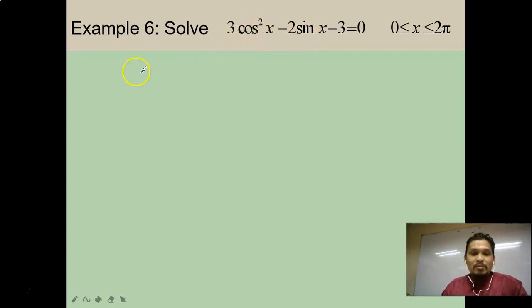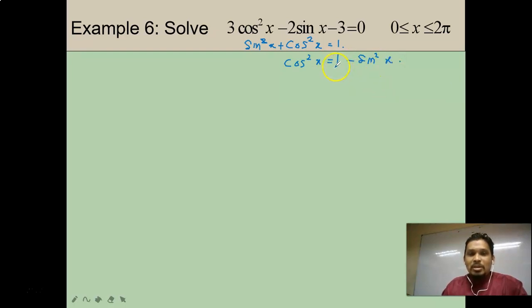For this, let's recall that sine square x plus cos square x equals 1. So cos square x equals 1 minus sine square x.